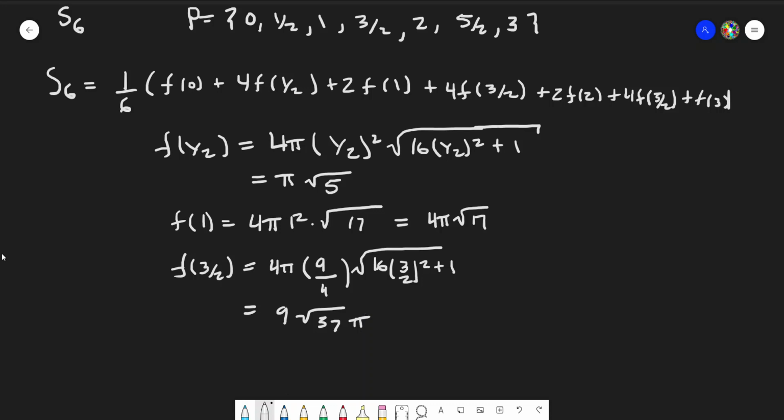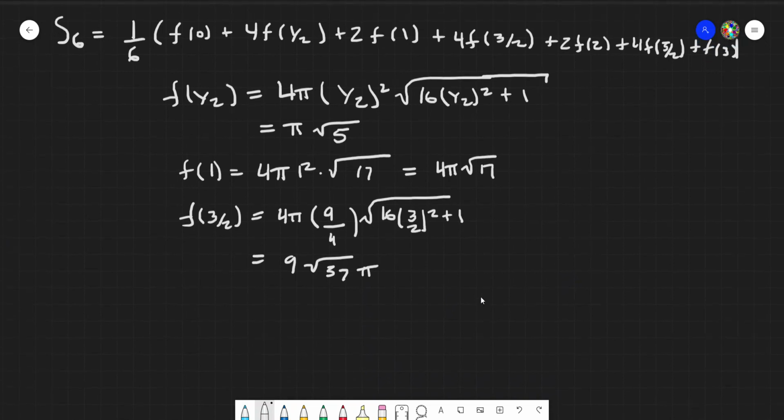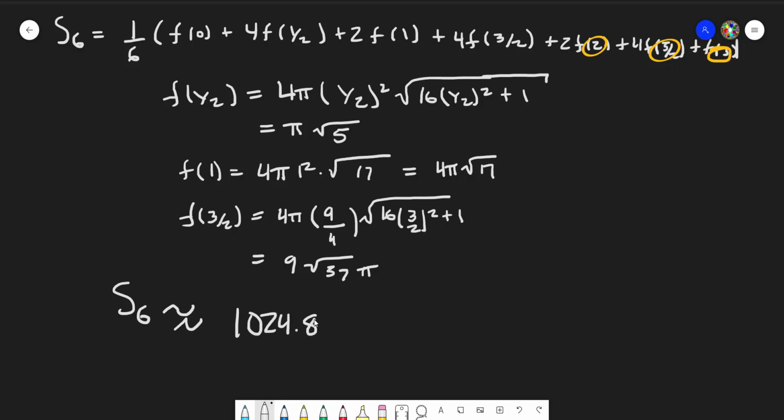Okay, so in either case, once you do the computation, you still need to do f of 2, find f of 5 halves, and then find f of 3. But once you plug that in, basically you're going to find that S6 is approximately 1024.885.